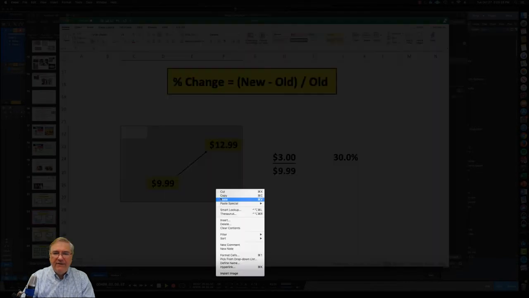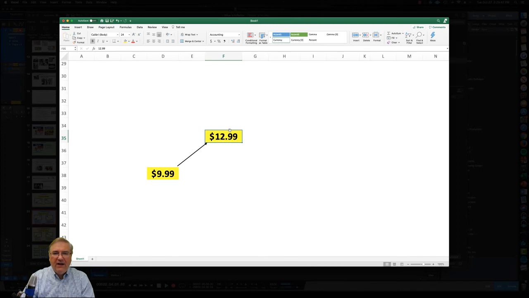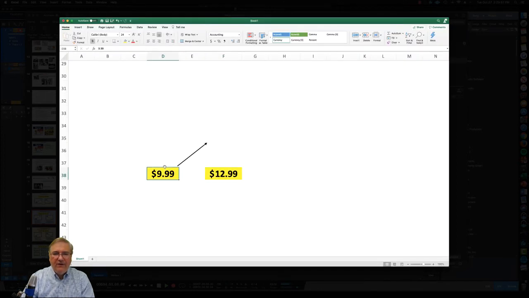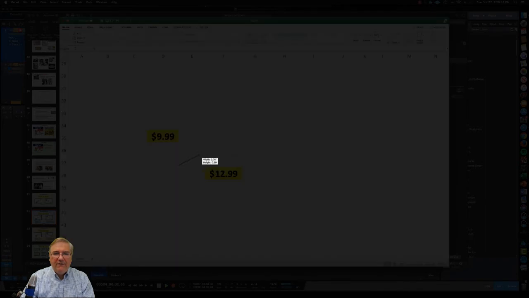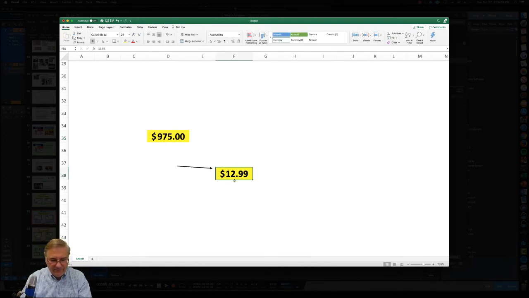So I'll just copy these cells down here, and this time we're going to move this down here and move the old price up here, and we're going to show that the price is declining from $975 to $795.